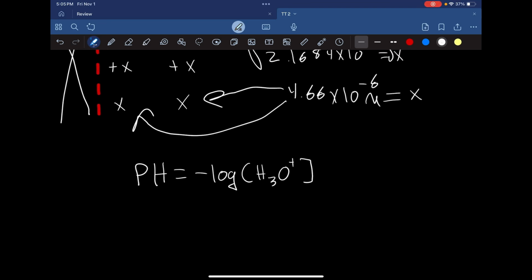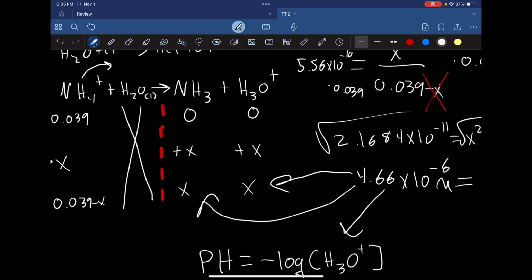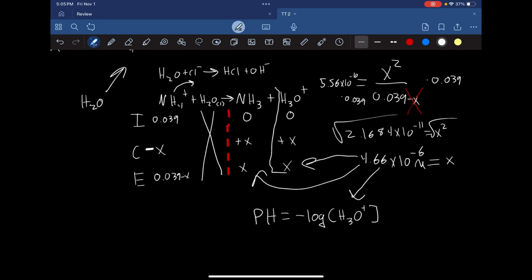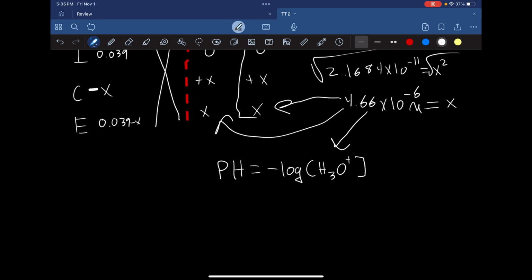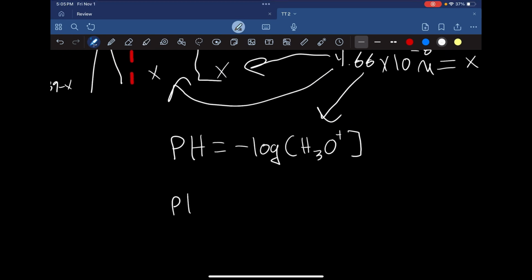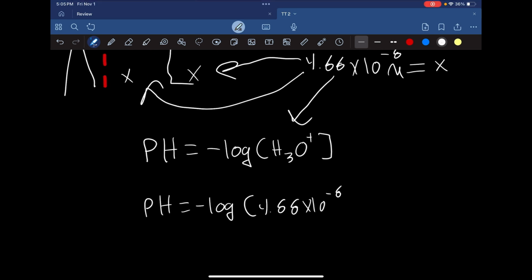And therefore, we could plug this in right here because we saw that there is 4.66 times 10 to the negative 6 hydronium ions. So pH equals negative log of 4.66 times 10 to the negative 6.